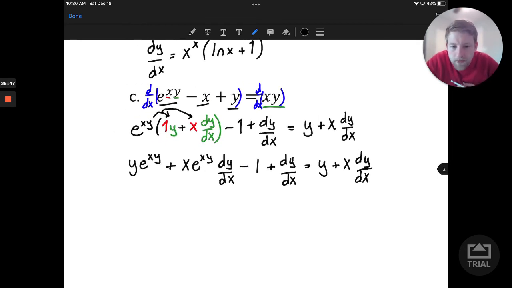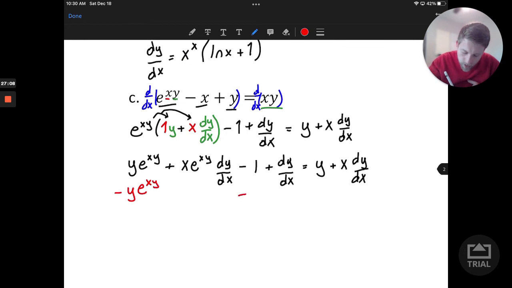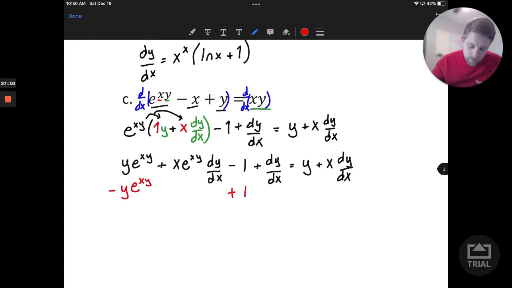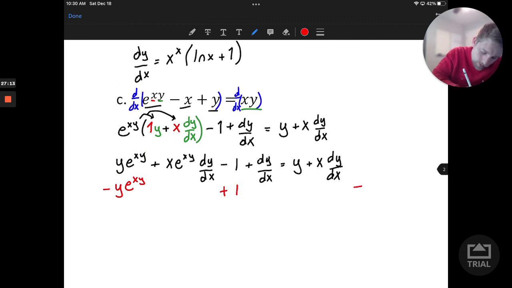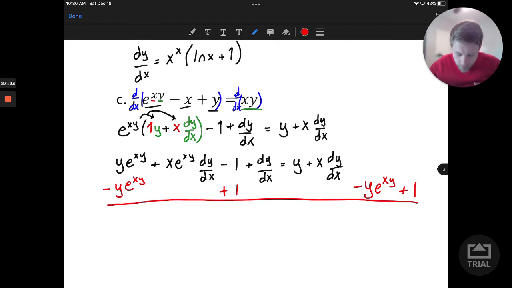Okay, so at this point, notice that we have, again, 3 dy/dx terms. I'd like to group those together, and I'd also like to group the non-derivative terms. So let's start with subtracting those non-derivative terms, moving those to the right. That would be subtracting y e raised to the xy, and I'll add 1 to both sides. Those two moves we could do together.